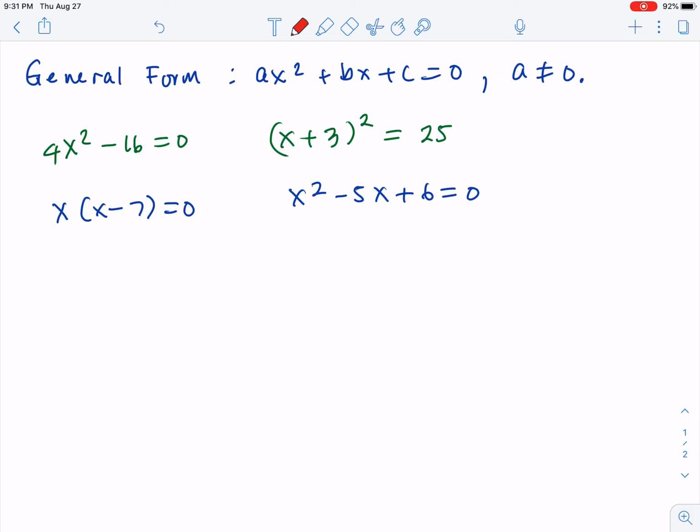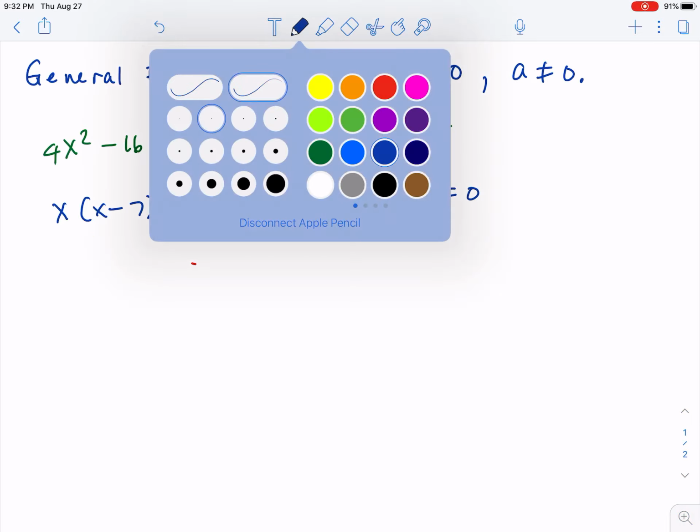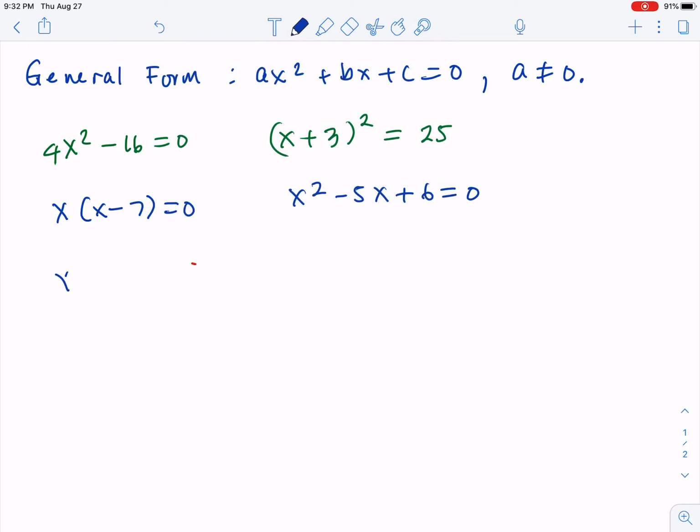Ano ibig sabihin nun? Magiging 0 lang ang value nito if one of them is 0. Which means na magiging 0 lang ang x times x minus 7 if x is equal to 0 or x minus 7 is equal to 0.